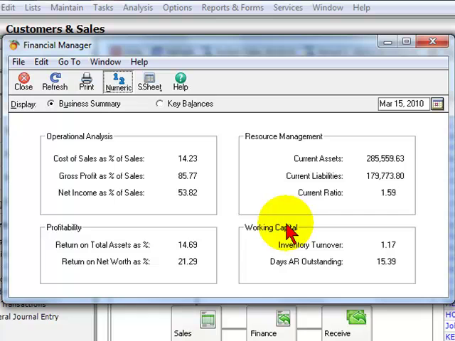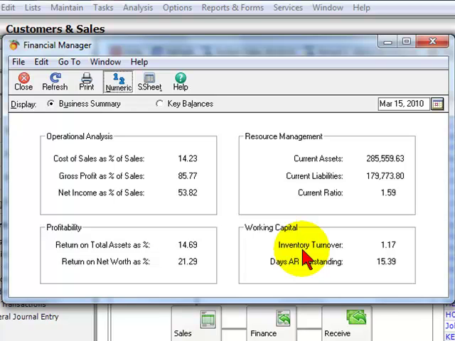In the next section, we have working capital and we have inventory turnover. Now, inventory turnover basically means how many times a company's inventory is sold and replaced over a certain period. There's several ways to record this. You can record it by sales divided by inventory, or cost of goods sold divided by average inventory.